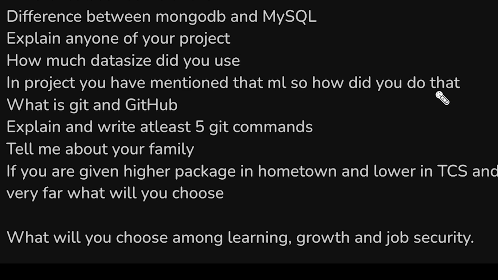The candidate's project used the concept of machine learning, that's why they were asked this question. So you have to explain, if you use the concept of machine learning, in that case you have to explain the algorithm that you have used or that you will use along with the Python libraries and how you will train and test the model. You have to explain all those things together.